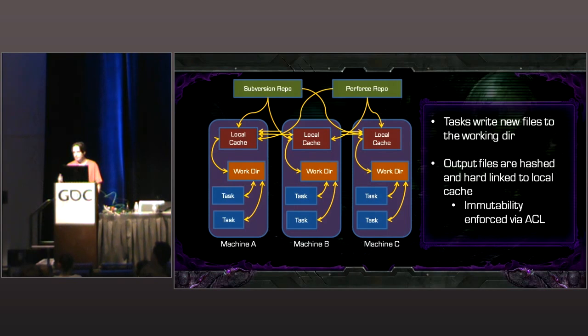This is important. Imagine a scenario where a task inadvertently modifies a file that's been hard linked to or from our cache. What you would end up with is a case where the MD5 in the file name in the cache doesn't match the contents. This is bad.